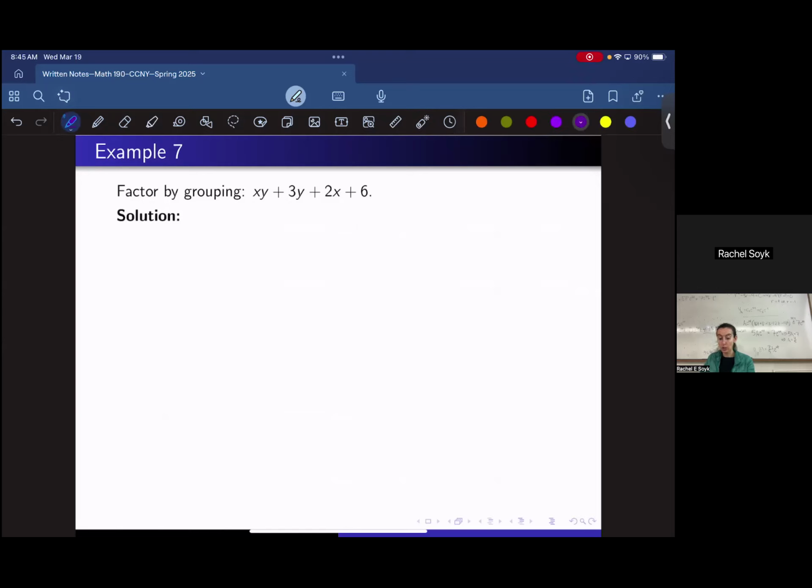And so we want to factor this by grouping. Anytime you're factoring by grouping, you're looking at those first 2 terms and seeing, what's the greatest common factor I can pull from that? And then looking at those last 2 terms and what's the greatest common factor I can pull from that?